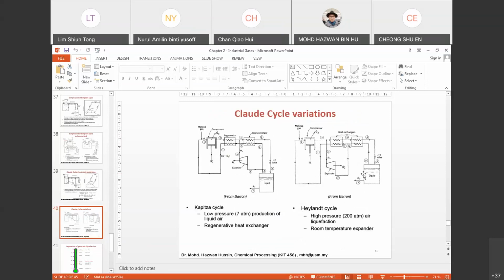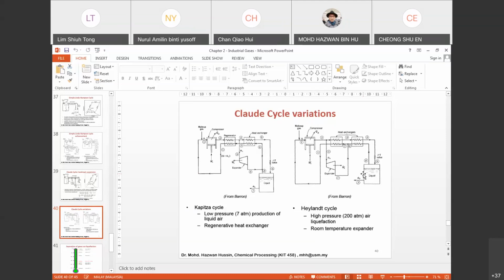You have the Kapitza cycle. The Kapitza cycle actually applies compression at a low pressure, normally around 7 atm, with a regenerative heat exchanger. Meanwhile, the Heylandt cycle applies a higher pressure, 200 atm, and liquefaction.